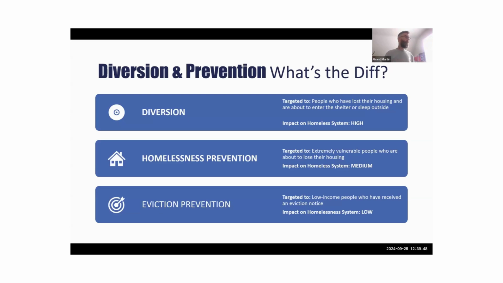It doesn't mean that those that were at risk of getting eviction didn't experience real stress and real hardship. It's just for whatever reason, they didn't become homeless. So for the purpose of our training or this webinar, this is why we're really focusing more on diversion exclusively than on prevention, because we see that diversion has the greatest positive impact on our homelessness system of care.